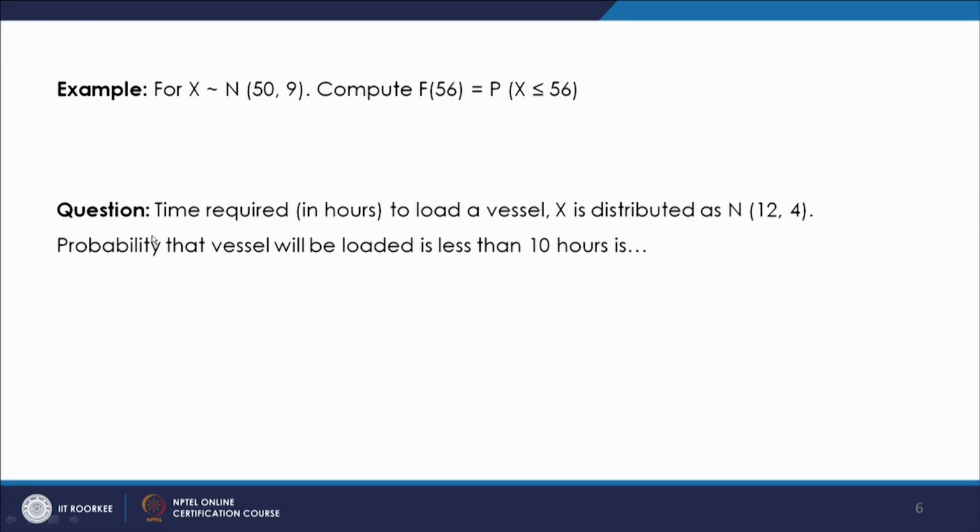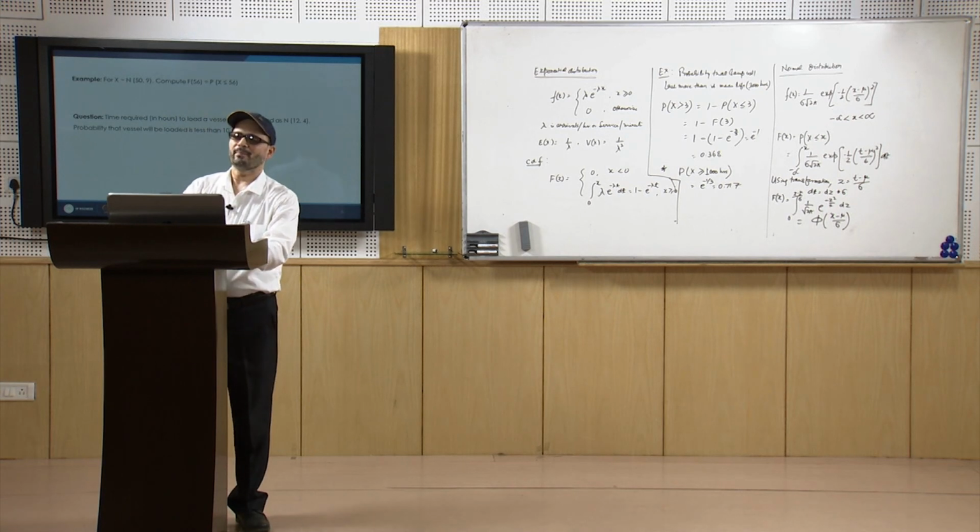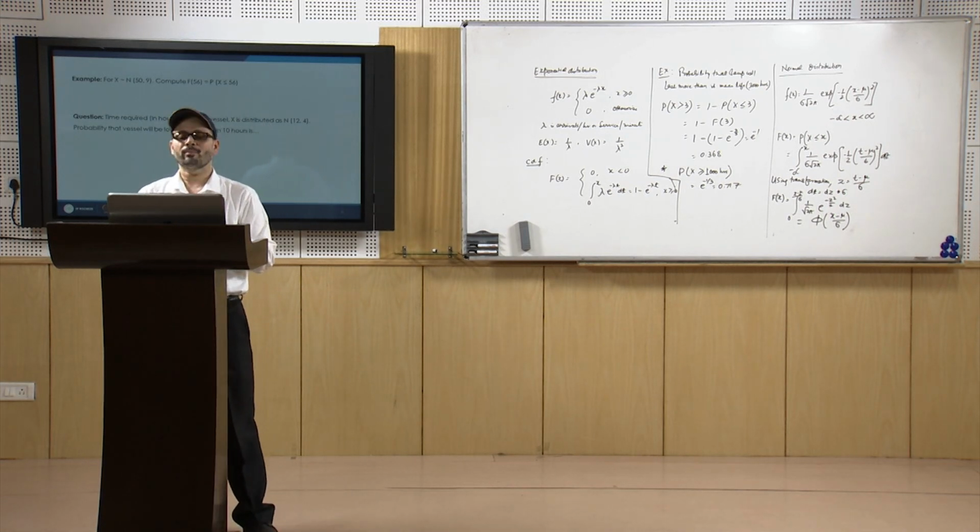Then similarly, the time required in hours to load a vessel is distributed as N(12, 4). So, what is the probability that the vessel will be loaded in less than 10 hours? In that case the value is (10 minus 12) divided by under root 4. So, it will be minus 2 divided by 2, so minus 1.